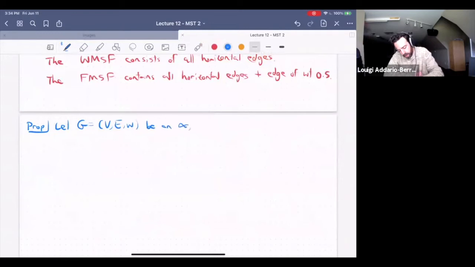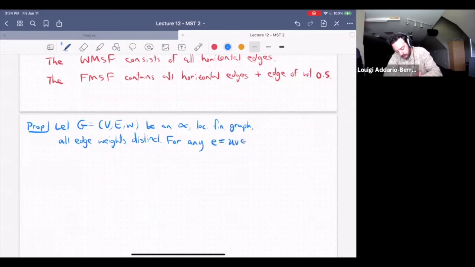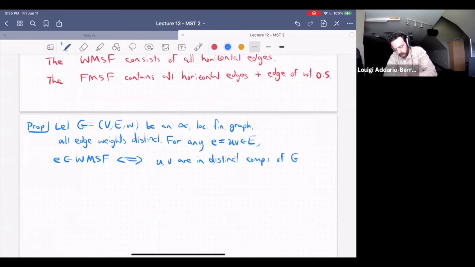But if we're given an infinite and locally finite graph with all edge weights distinct, then for any edge E of the graph, E is an edge of the wired minimum spanning forest if and only if U and V are in distinct components of the graph at the time just before the weight of E. But now additionally, we require that at most one of those components is infinite.